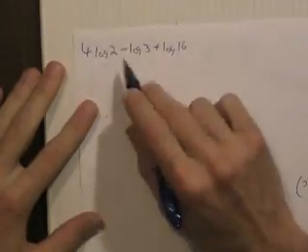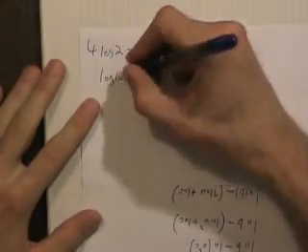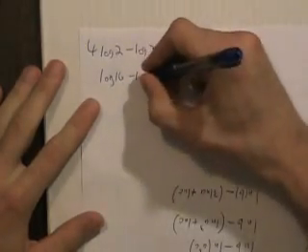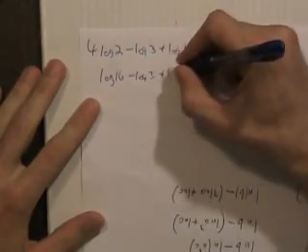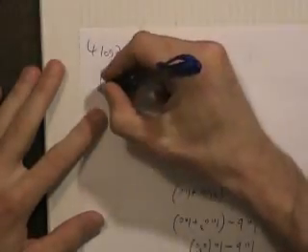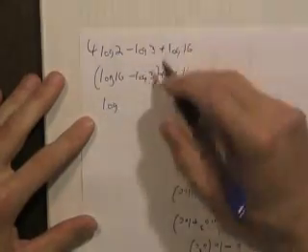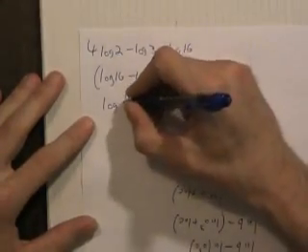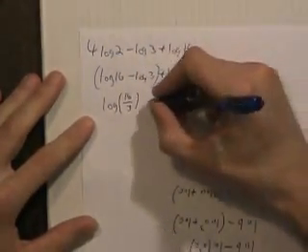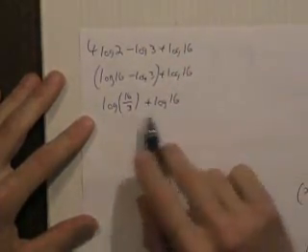So I'll bring this 4 in, and that'll turn into log 2 to the 4th, which is 16, minus log 3 plus log 16. And then if I condense these two into one log, since it's a subtraction, that's going to be 16/3 plus log 16, and then finally I can condense these.